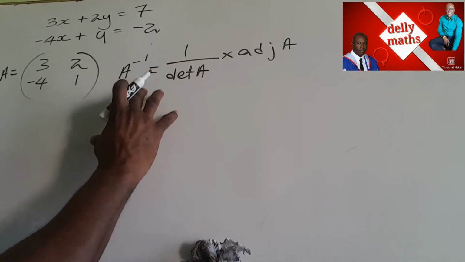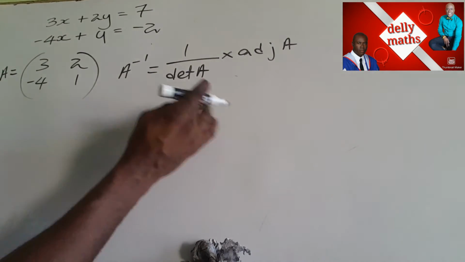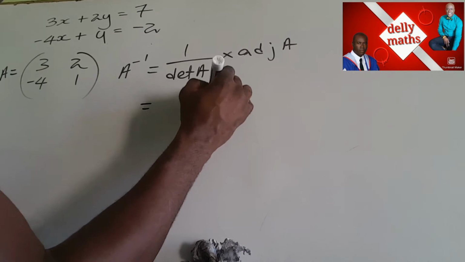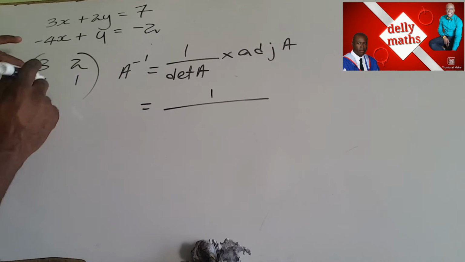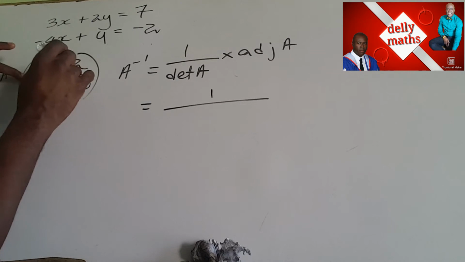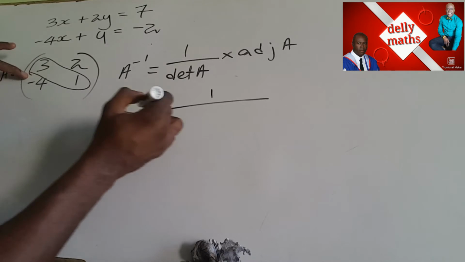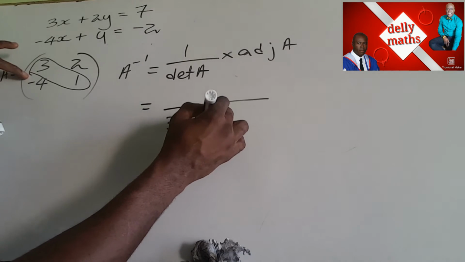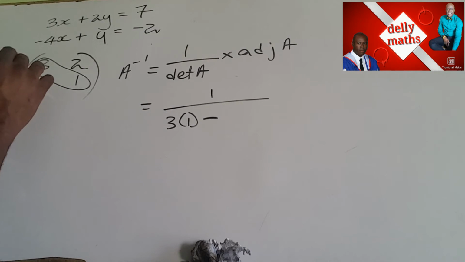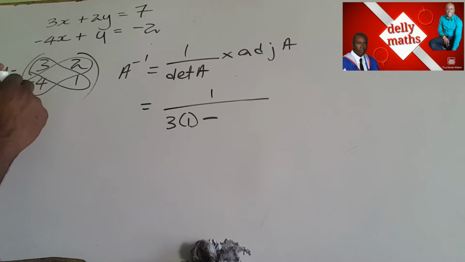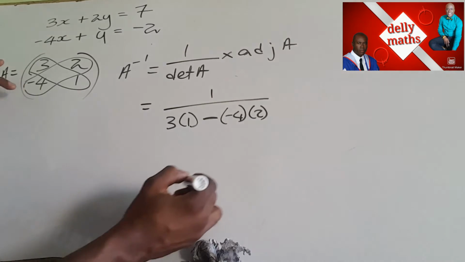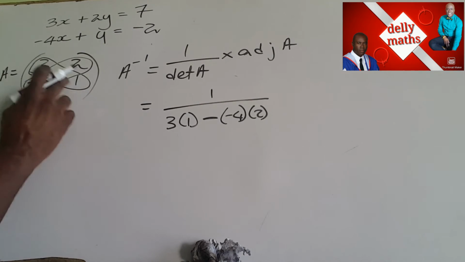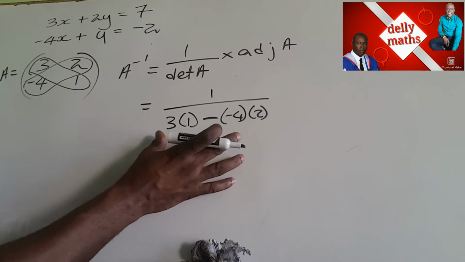We can do this one time, or part by part, but let's do it one time. 1 over the determinant of A. The determinant of A is the product of the main diagonal, which is 3 times 1, minus the product of the minor diagonal, or the other diagonal, which is negative 4 times 2.